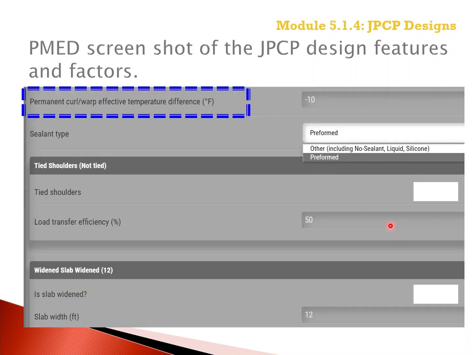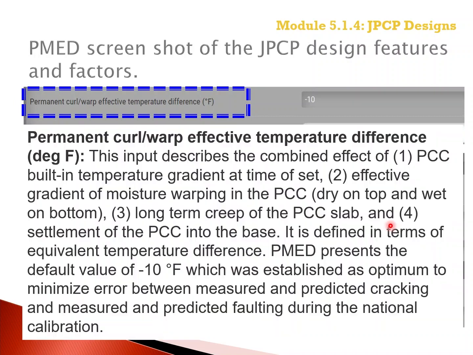Next item is the permanent curl warp effective temperature difference. This input describes the combined effect of the PCC built-in temperature gradient at the time of concrete set, the effective gradient of moisture warping in the PCC going from dry on the top to wet on the bottom of the slab, the long-term creep of the PCC slab, and the settlement of the PCC into the base.